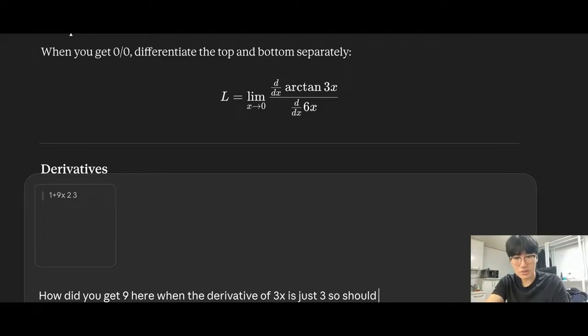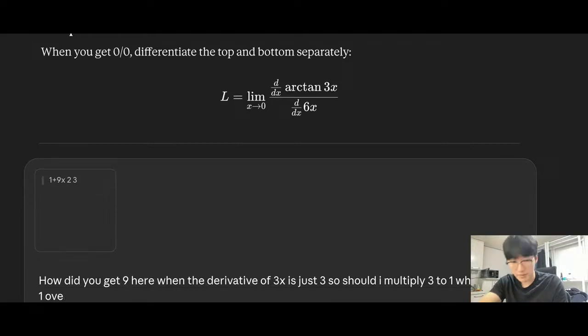Shouldn't I just multiply, which makes 3 over 1 plus 3x to the power of 2?